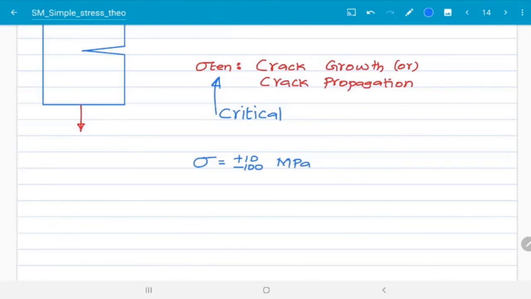It means the stress is varying, from minus 100 to plus 10. Now tell me which is critical. Minus 100 or plus 10? Very good.